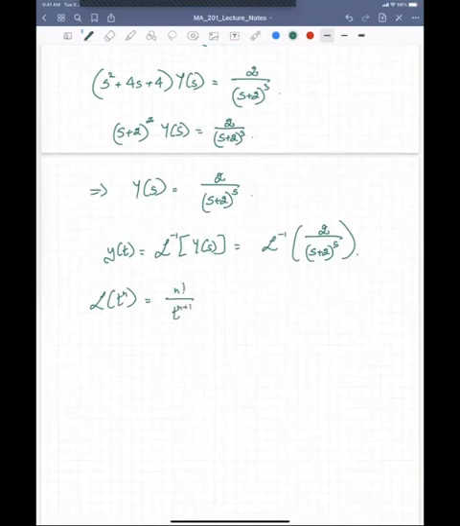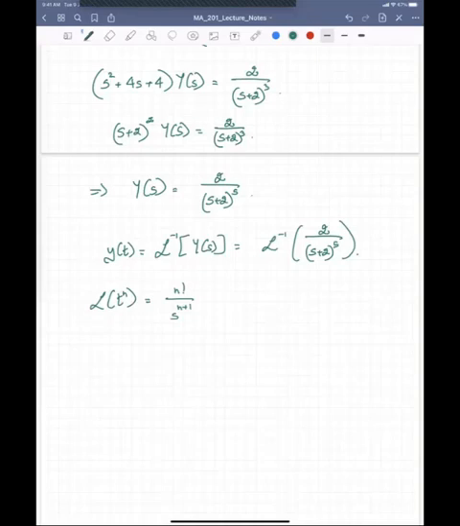So I can guess that there is some t to the 4 hiding here, right? Because the Laplace transform of t to the 4 is basically 4 factorial divided by s to the 5. Again, I keep writing t, I'm sorry, I should keep writing s. Okay. So I know that there is a t to the 4 hiding somewhere up to some numerical factor.